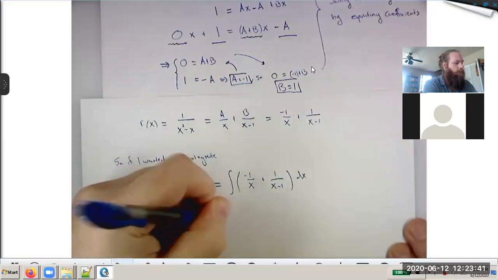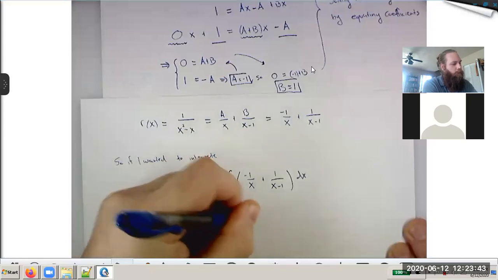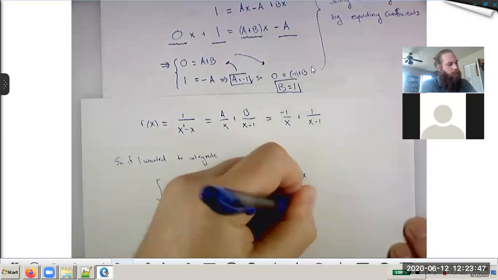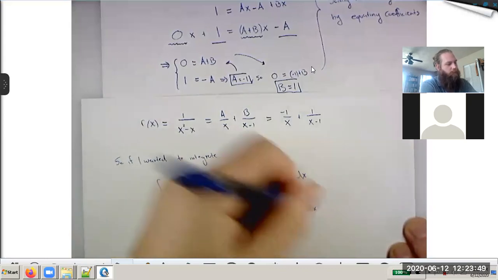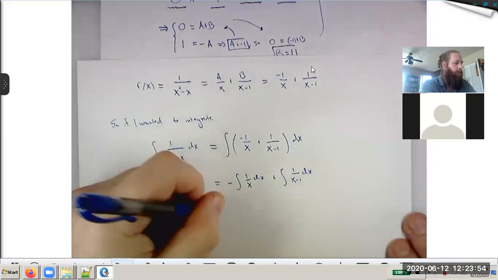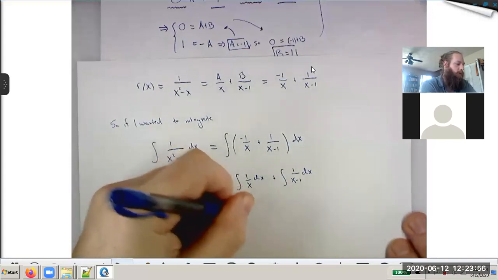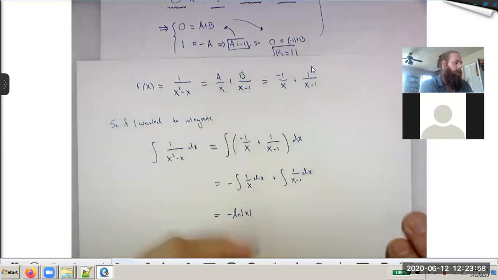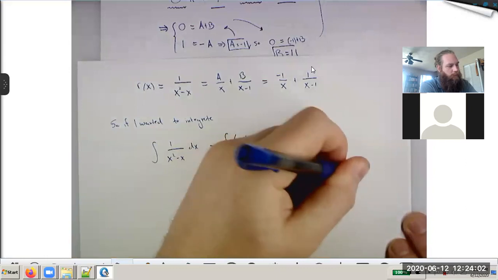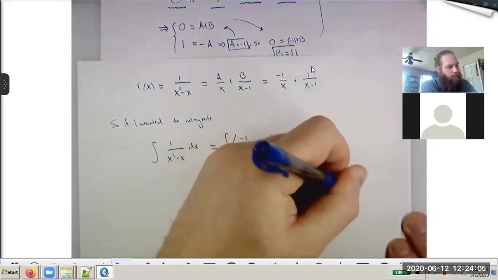So now I can do this as negative integral 1 over x dx plus integral 1 over x minus 1 dx. This first guy is easy. He's the natural log of the absolute value of x. And the second guy requires a little substitution. z equals x minus 1, dz is dx.